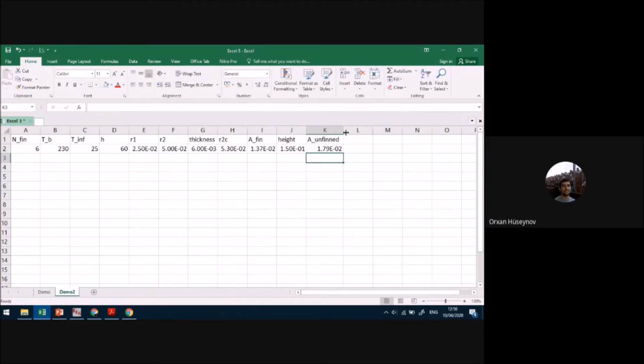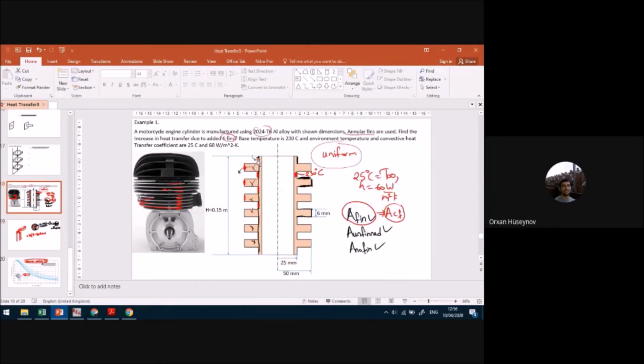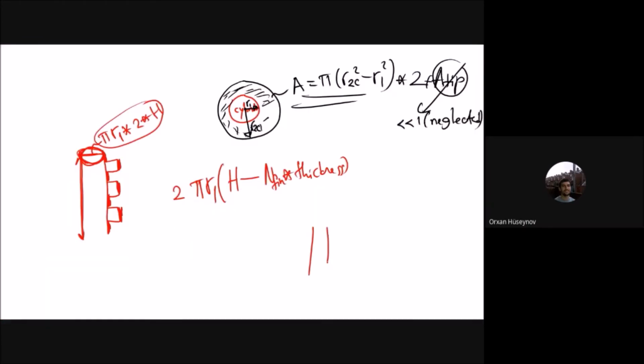Now let's calculate the total area. Area no fin is the easiest part. We will calculate the area of the cylinder. This is the cylinder, and the area of the cylinder is the circumference 2 pi R1 multiplied with this height h.